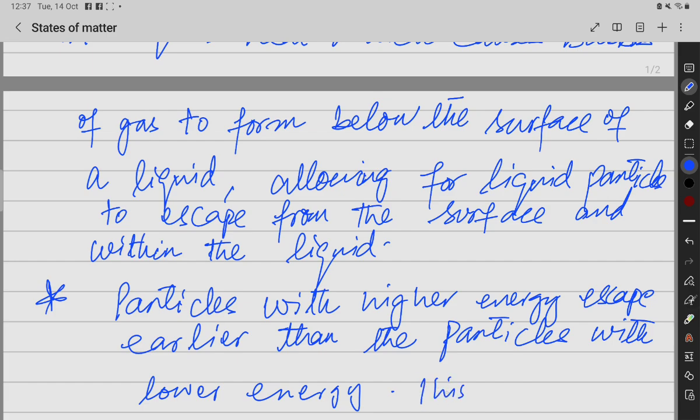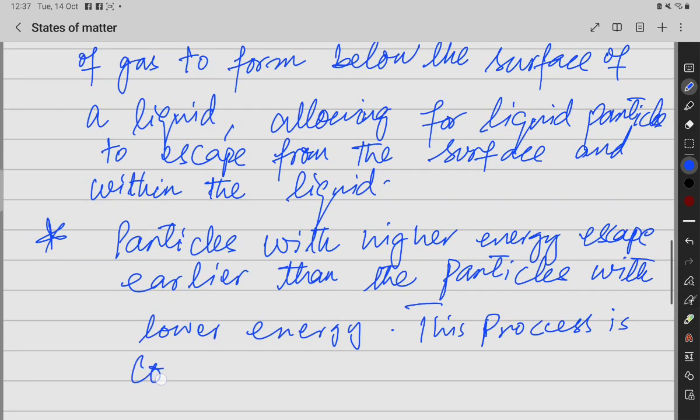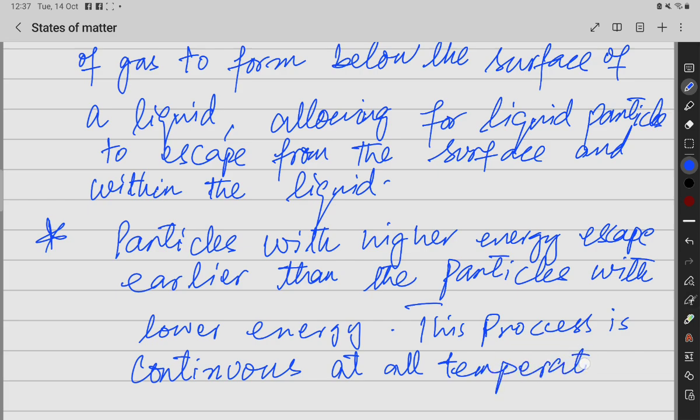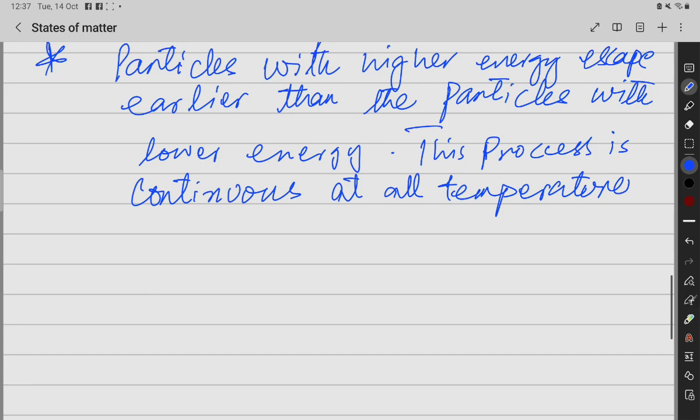This process is continuous at all temperatures. This is known as evaporation.